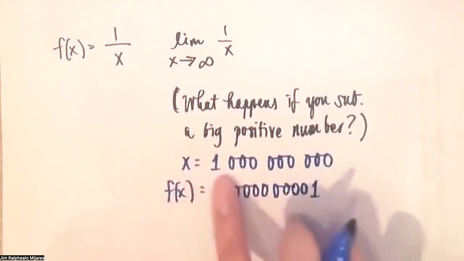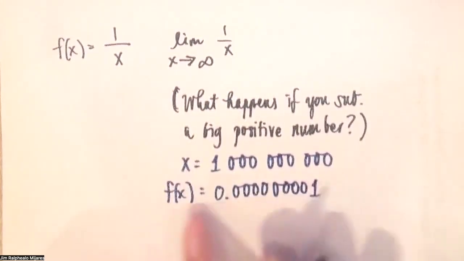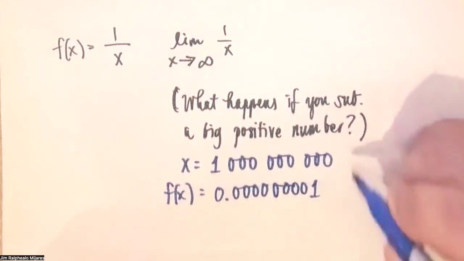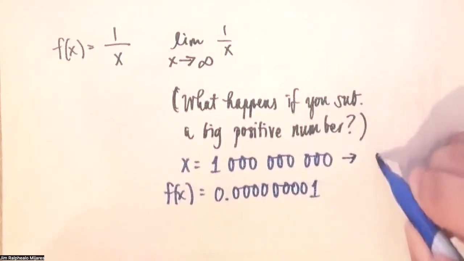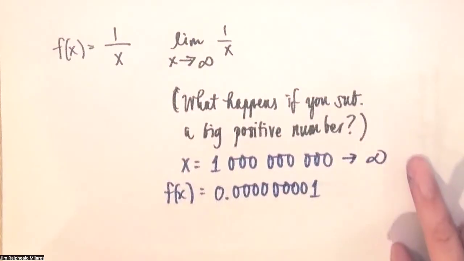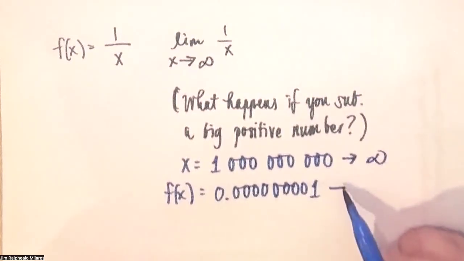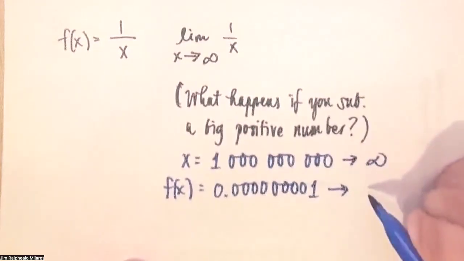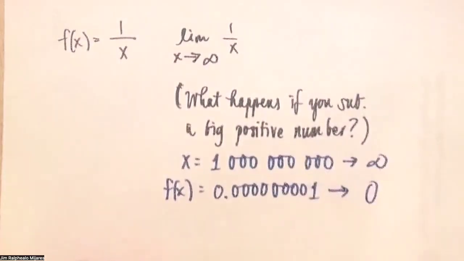And if we keep on increasing this number, what happens to the value of f? This becomes smaller and smaller and smaller until, so if x becomes larger and larger and larger, this one here becomes 0, closer and closer to 0.